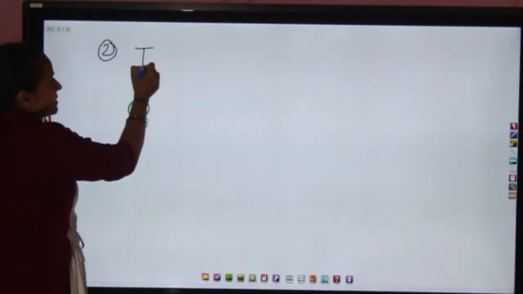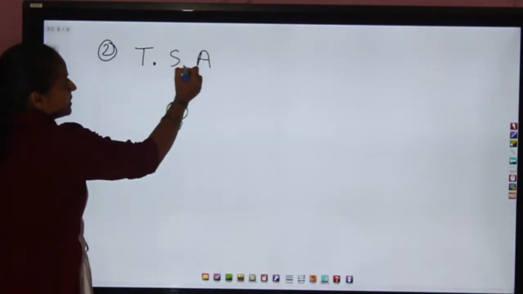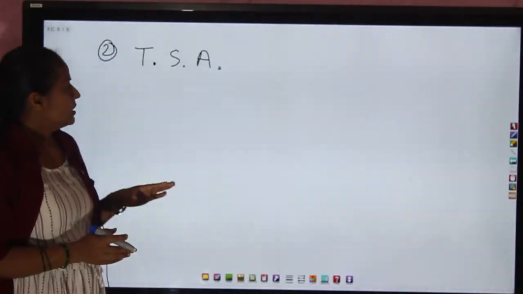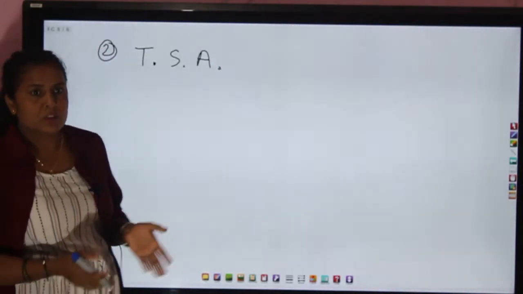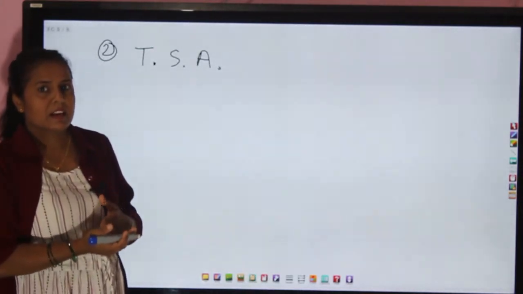Now total surface area. Total surface area means total area with the base, okay, the sum of the lateral surface area.